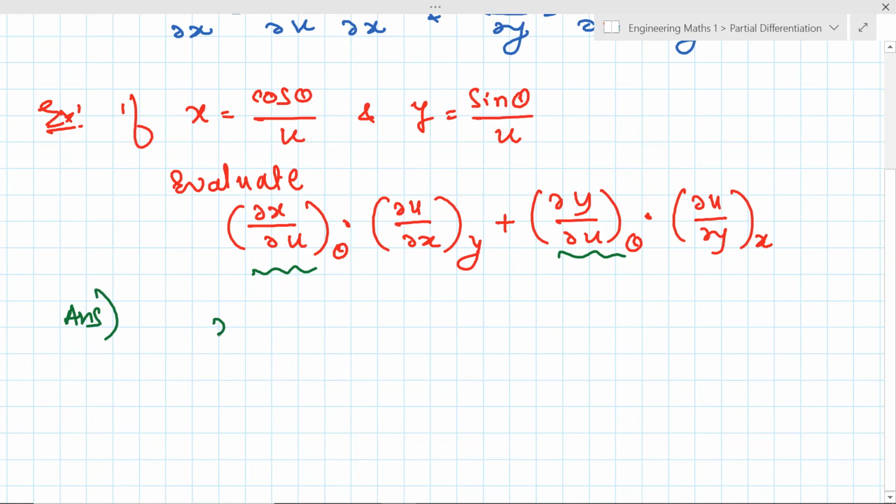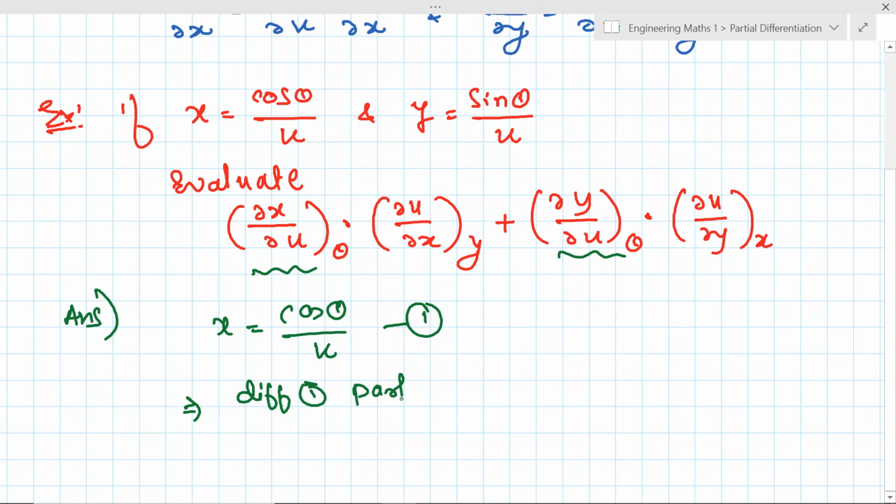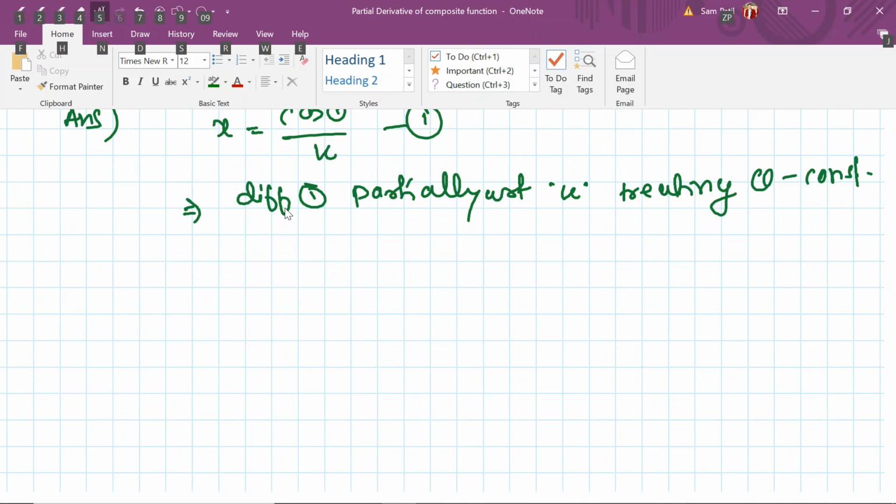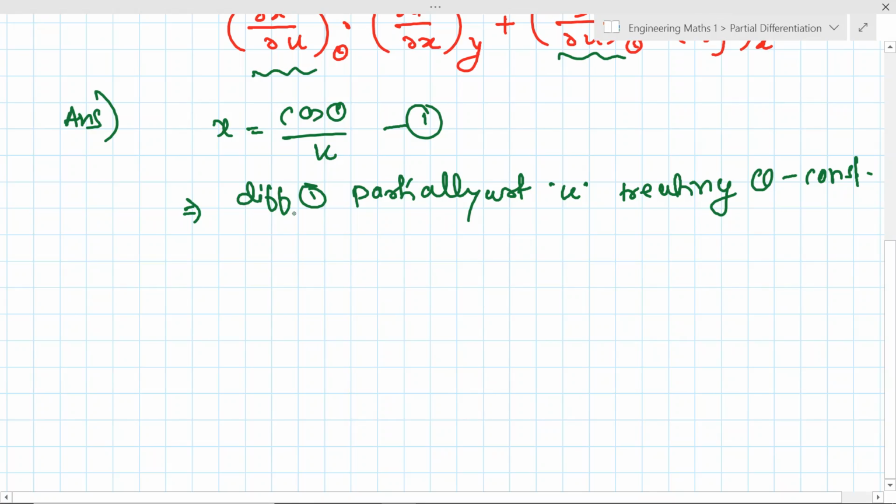So first of all, see, x is given. x is equal to cos theta upon u. So therefore differentiate, call it as 1. Differentiate 1 partially with respect to u, treating theta as constant. Take this theta as a constant. So how do I get this ∂x/∂u, isn't it?